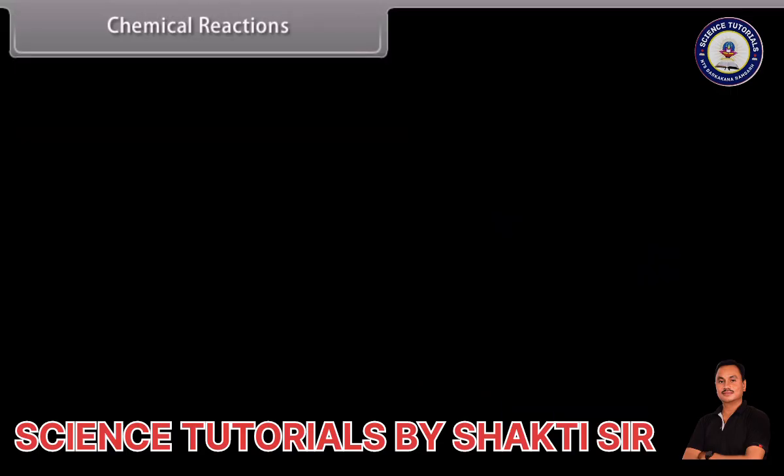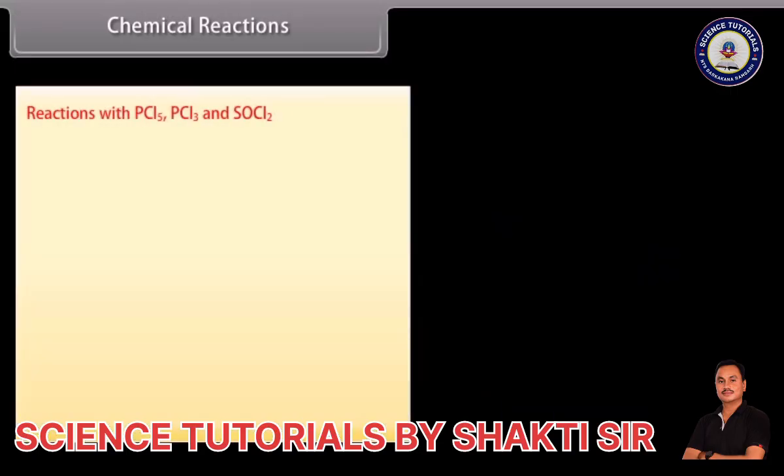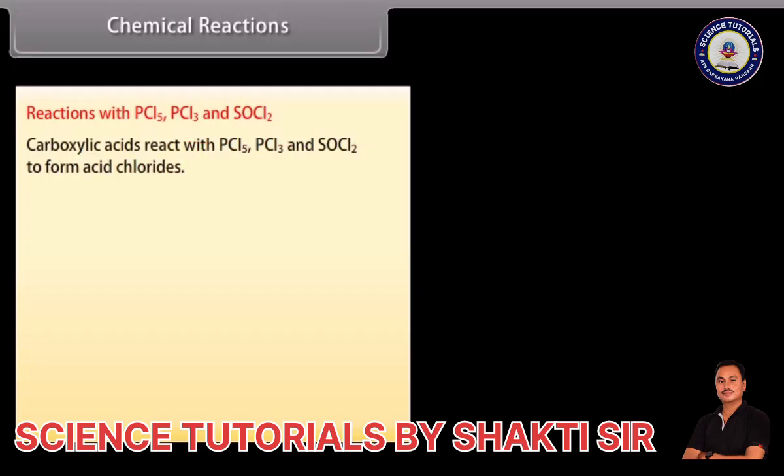Chemical reactions. Reactions with phosphorus pentachloride, phosphorus trichloride, and thionyl chloride. Carboxylic acids react with these to form acid chlorides.